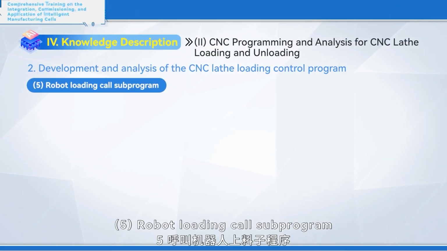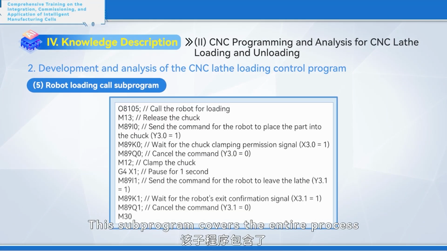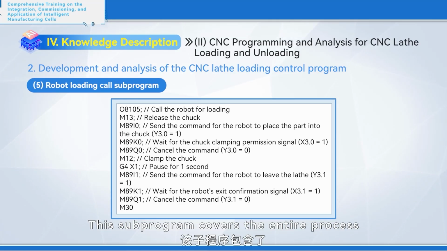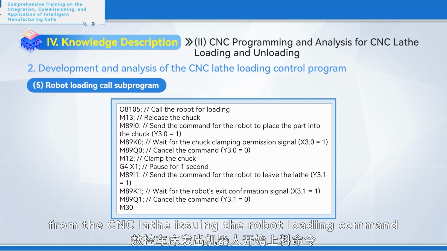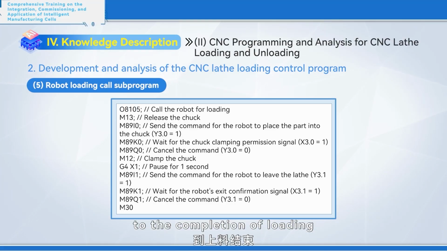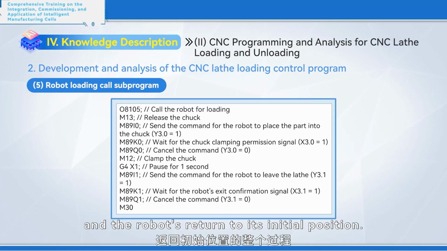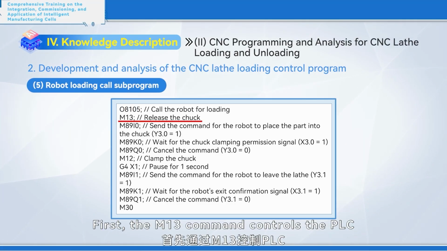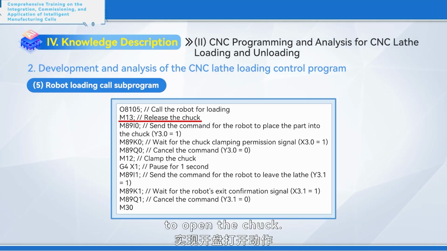5. Robot loading call subprogram. This subprogram covers the entire process from the CNC lathe issuing the robot loading command to the completion of loading and the robot's return to its initial position. First, the M13 command controls the PLC to open the chuck.